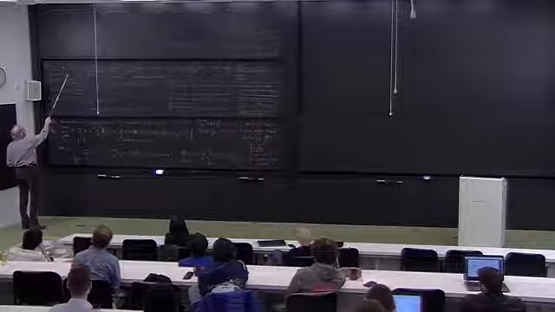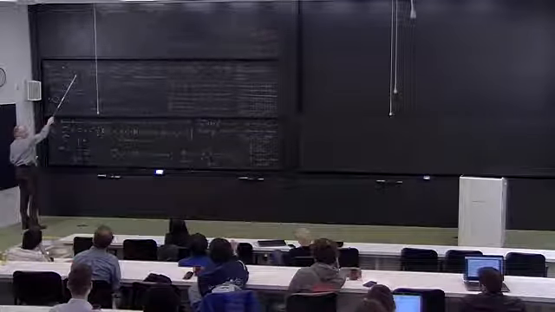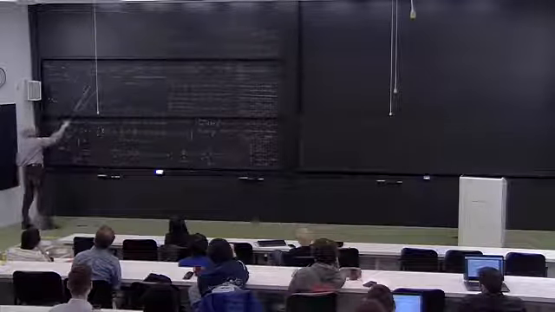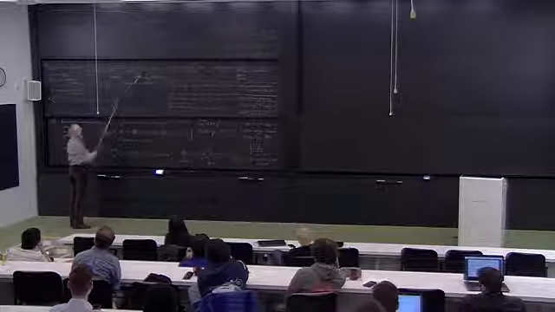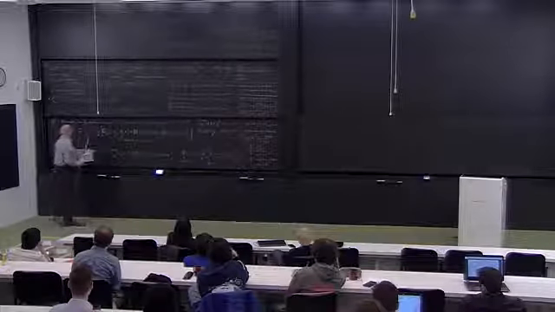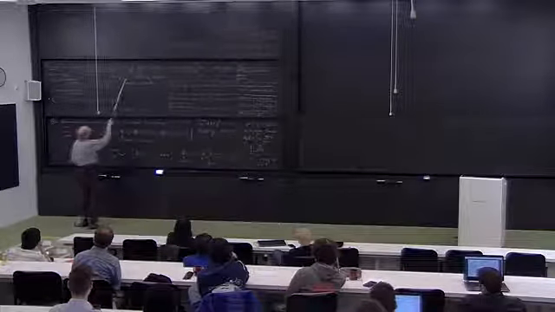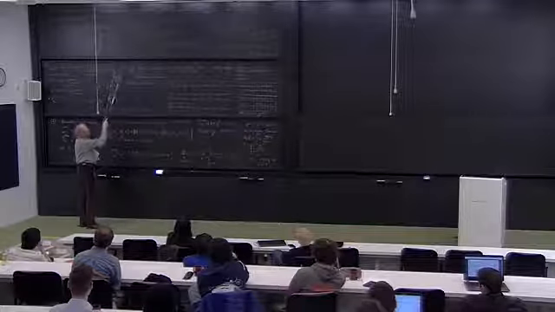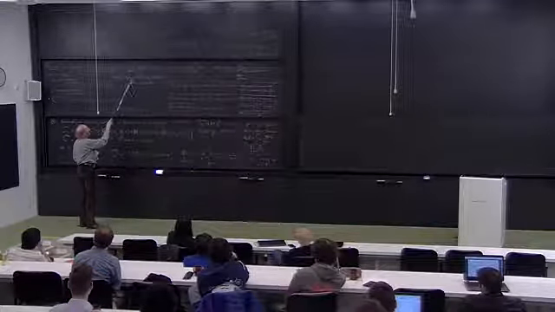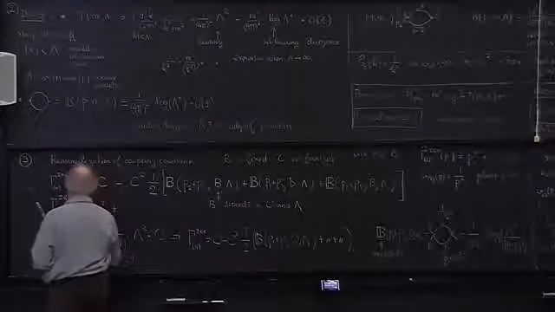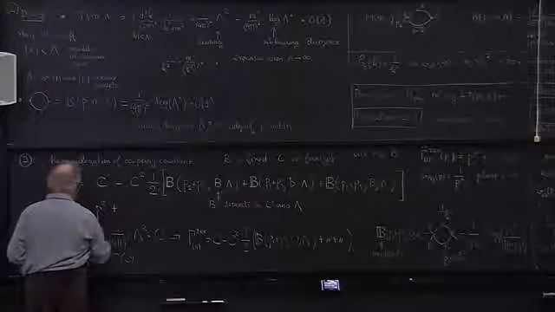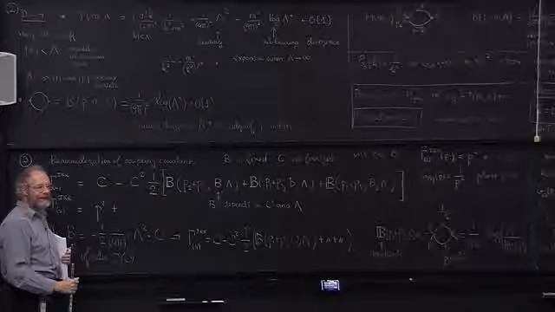This would become T of B and of lambda. So here we would have a B log lambda squared. But B is order C. So this term is order C, while this term is order 1. So this will play no role at order P in the two-point function.